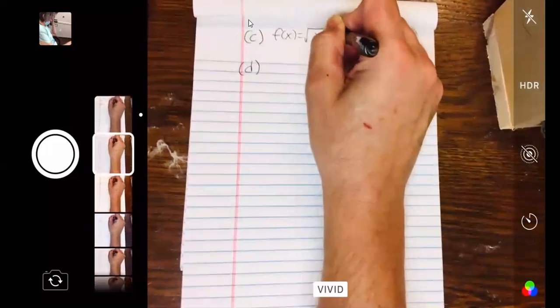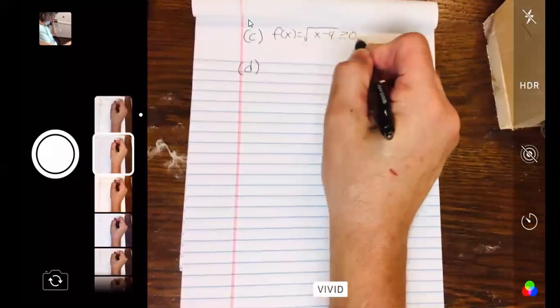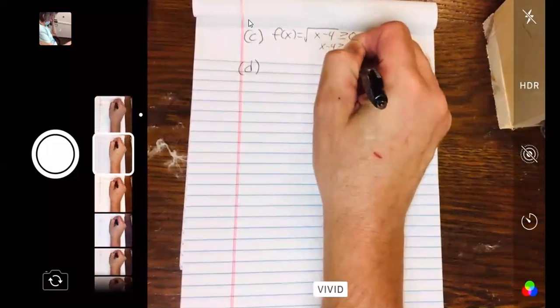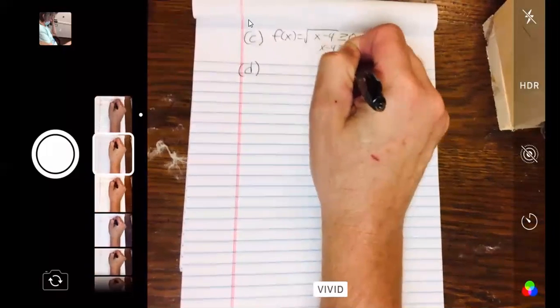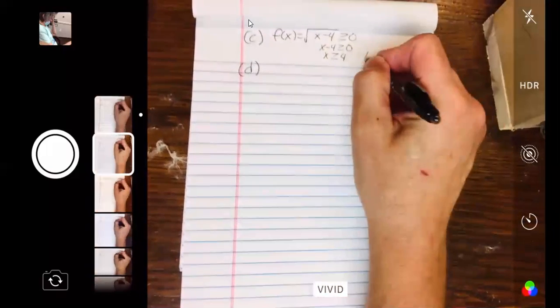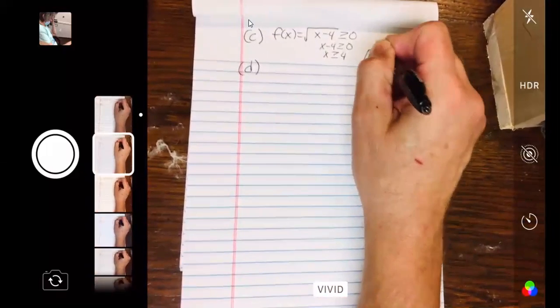So that puts it greater than or equal to 0. The equal allows you to use 4. That would allow x minus 4 greater than or equal to 0, so x is greater than or equal to 4, which means you're allowed to use 4. That's what gives you the bracket 4 comma infinity.